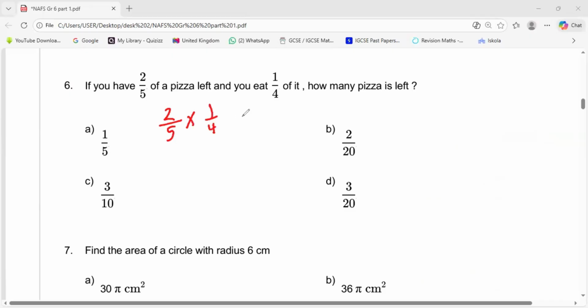You multiply 2 by 1, you get 2, and 5 by 4, you get 20. Divided by 2, you get 1 over 10. Okay, the answer is 1 over 10. And again, you multiply 1 by 2, and 5 by 4, and we put the answer.